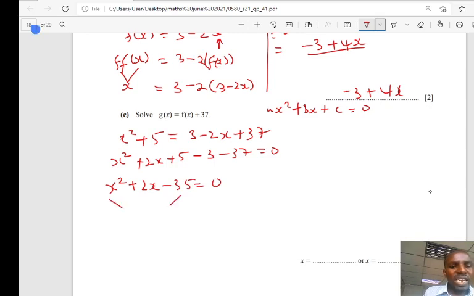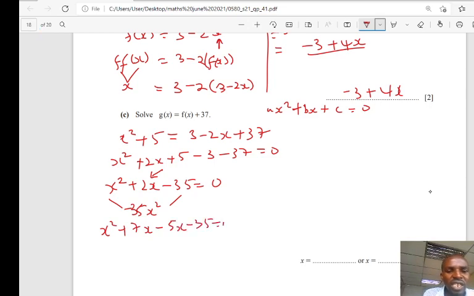Multiply x squared times minus 35, you get minus 35x squared. Then find two numbers which when you multiply give you minus 35, and when you add or subtract give you the middle value, plus 2x. Which are the numbers? We have 5 and 7. It's plus 7 and minus 5. So it will be x squared plus 7x minus 5x minus 35 equal to 0.